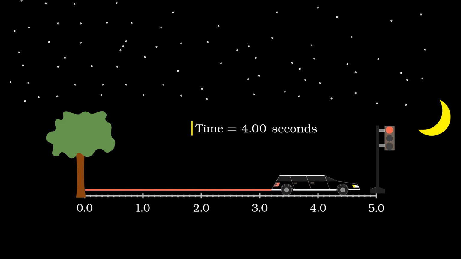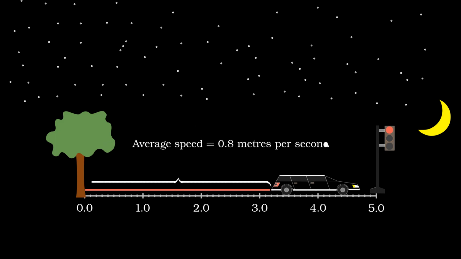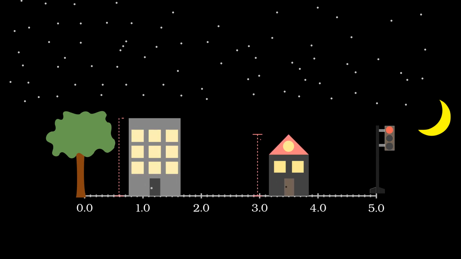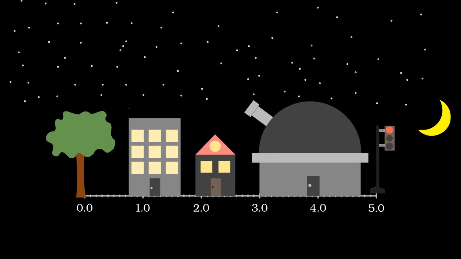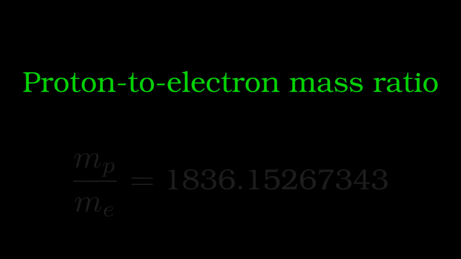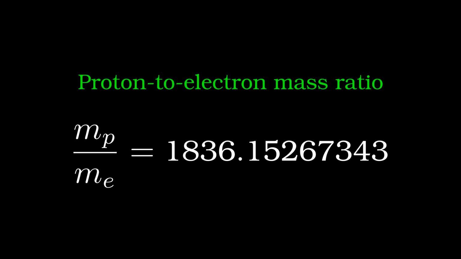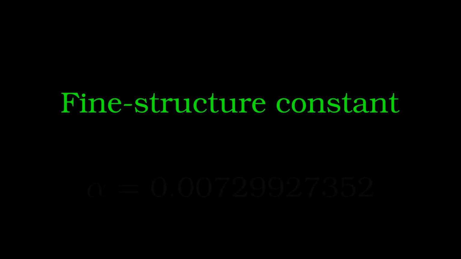From the time elapsed, distance traveled, average speed, everyday heights and widths, to cosmic distances and of course universal numbers, also known as physical constants that appear in nature, uniquely characterizing the universe we live in.